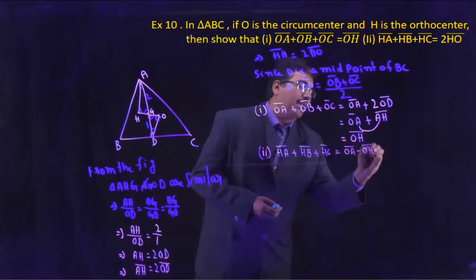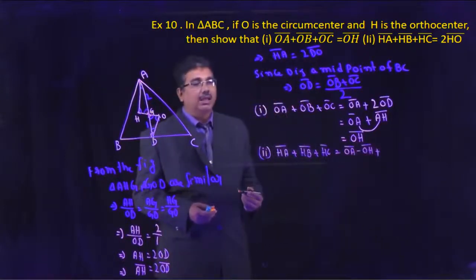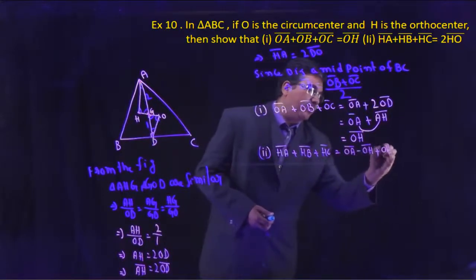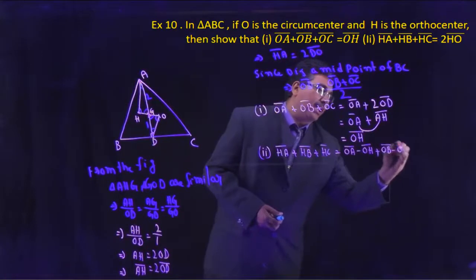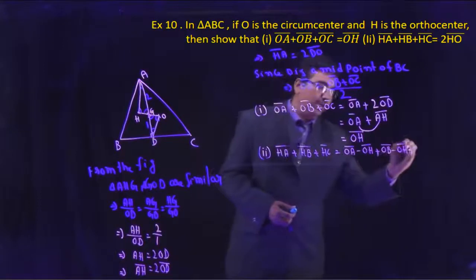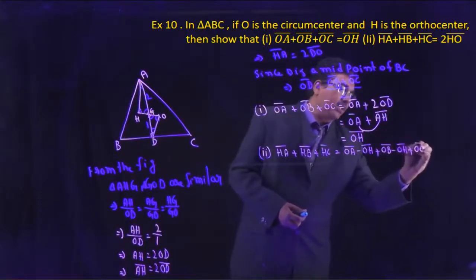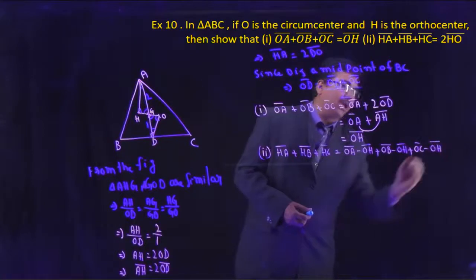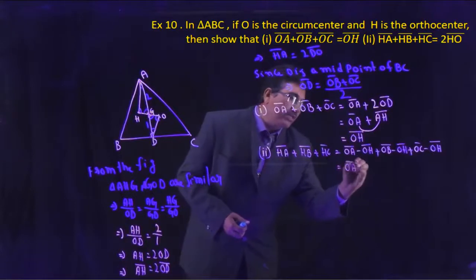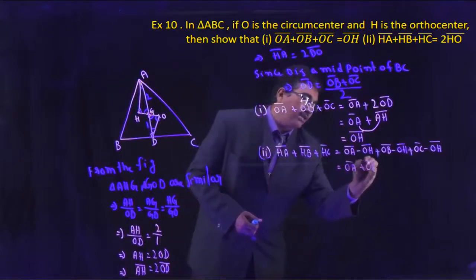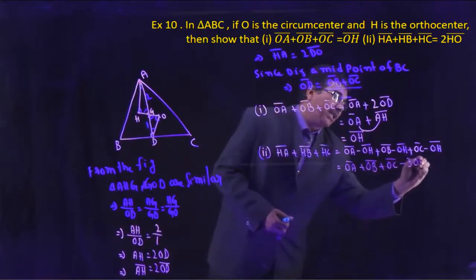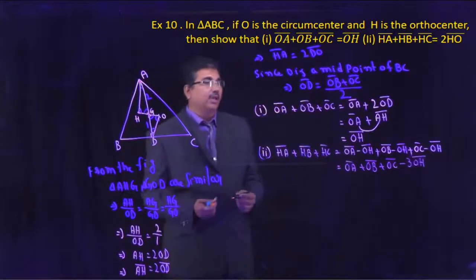Similarly, HB bar is equal to OB bar minus OH bar. HC bar is equal to OC bar minus OH bar, that is equal to OA bar plus OB bar plus OC bar minus 3 times OH bar, right.